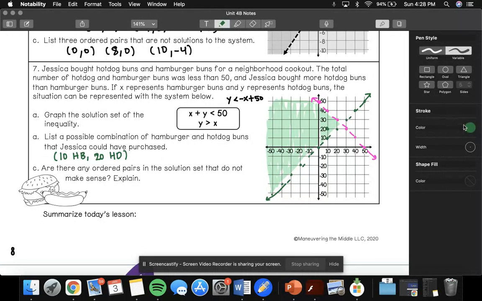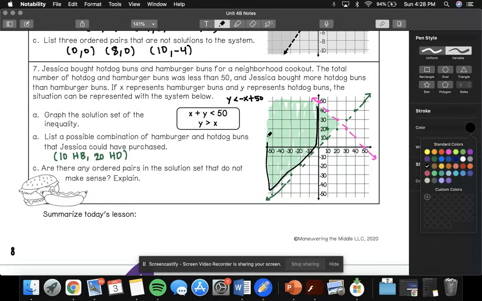Okay. Finally, it says, are there any ordered pairs in the solution that do not make sense? And that's kind of why I hesitated, because it doesn't make any sense to even have this part of the graph. It doesn't make any sense to have negative hot dog buns and negative hamburger buns. So if I were to redo this, I wouldn't even have the negative concept on this coordinate plane. I would have the first quadrant, because that to me makes the most sense.